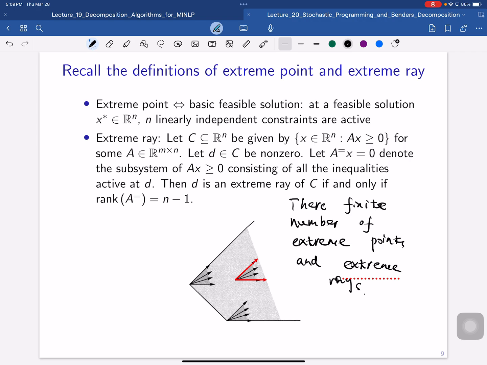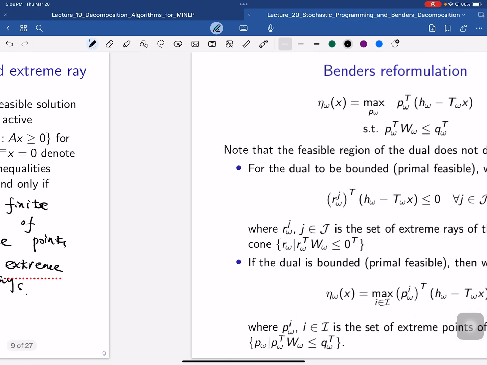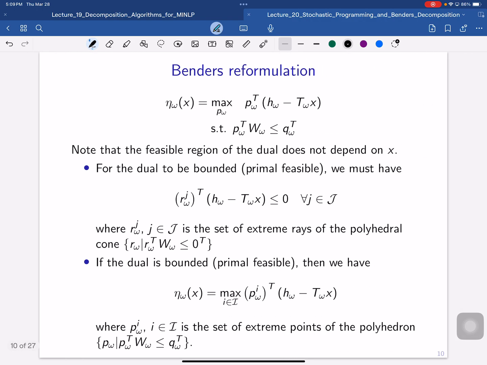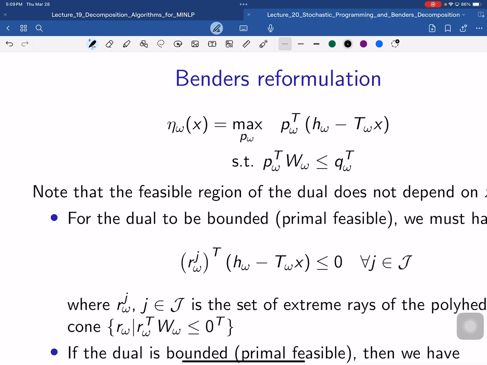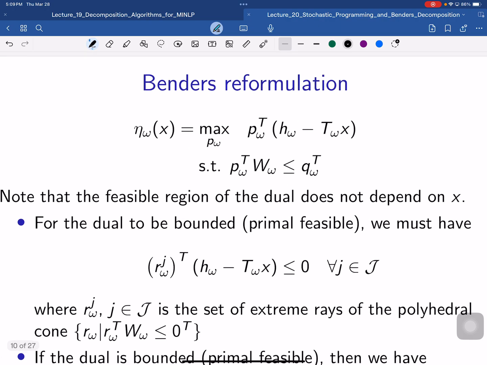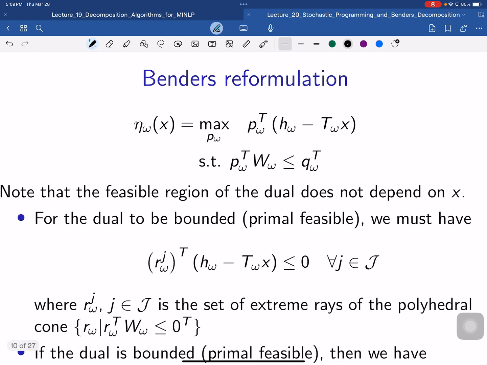So that's that. Now, how do we derive the Benders reformulation? Here's the key observation of why we are taking the dual. If you take the dual of this recourse function, you recognize that this polyhedral set, the feasible region of the dual, doesn't depend on x, right?